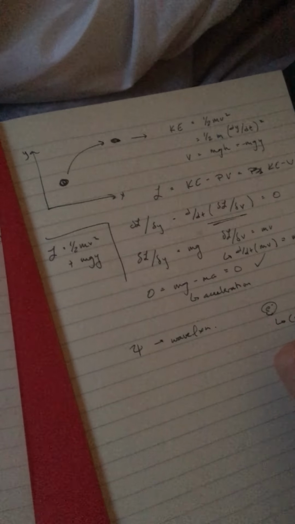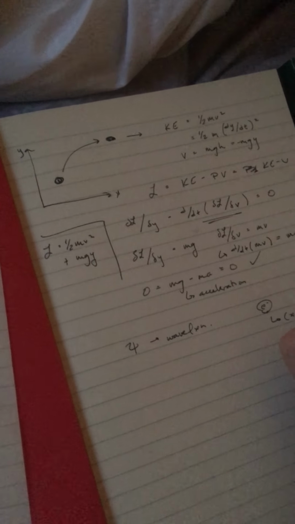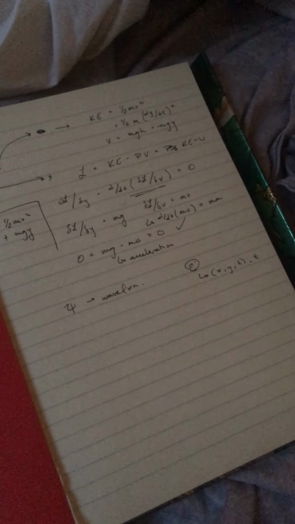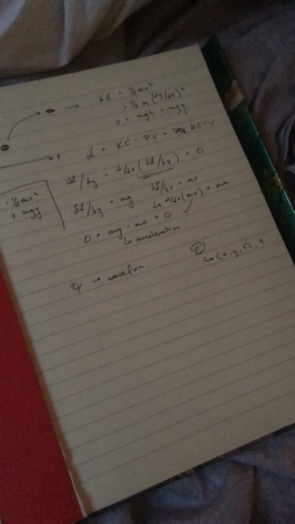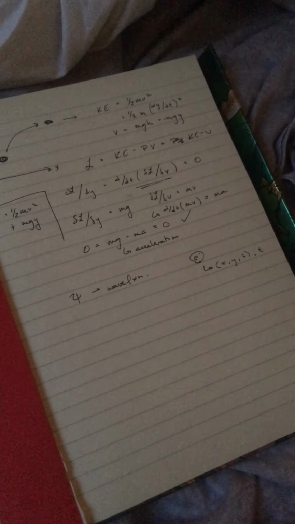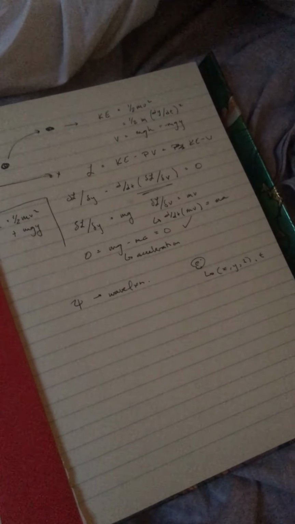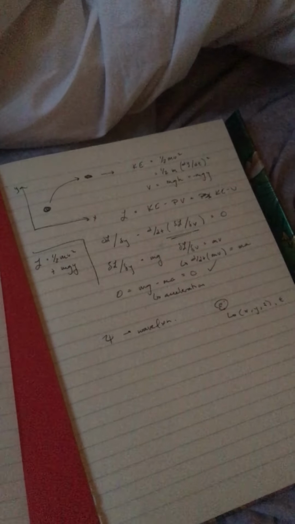So the electron has some coordinates x, y, z, and it exists at time t. And the wave function tells us how likely it is that the electron will actually be in that place at that time.